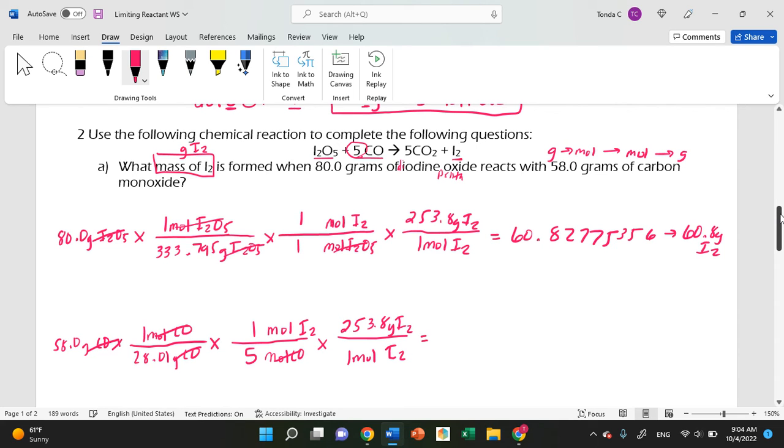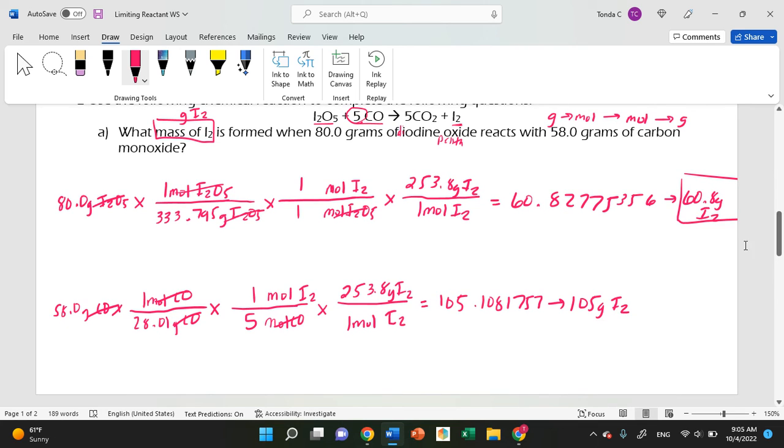When you guys go and solve this out, you get 105.1081757. And for sig figs, this is 105 grams of I2. Which one is the actual correct mass of I2 that can be made? It's going to be the lowest. So this is how much iodine can be made when we have 80 grams of diiodine pentoxide and 58 grams of carbon monoxide.